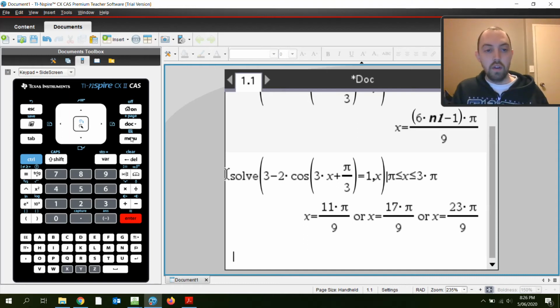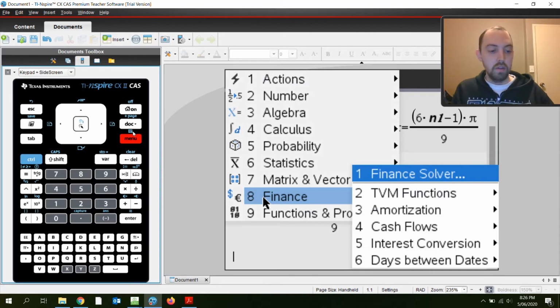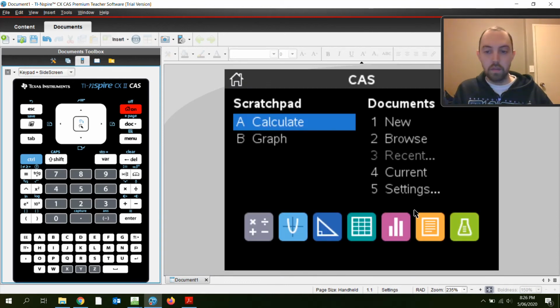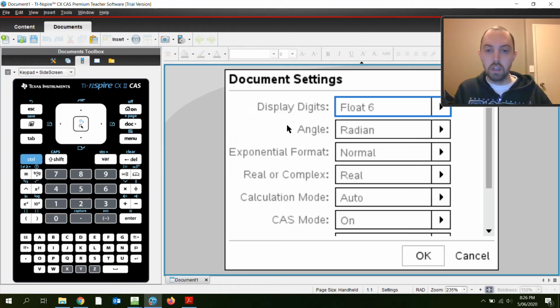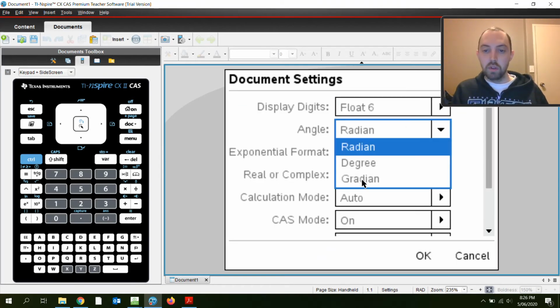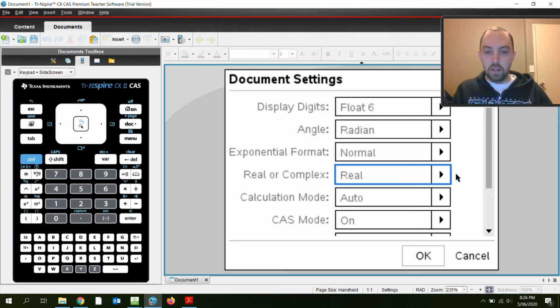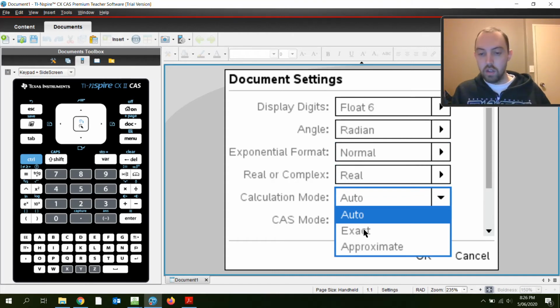If you do not have your settings of your calculator, okay, if you're in your document settings, this is where you might be changing from degrees and radians. But what I want to talk about is the calculation mode here. If you do not have it on auto, maybe you have it on approximate, then it's going to give all the decimals.